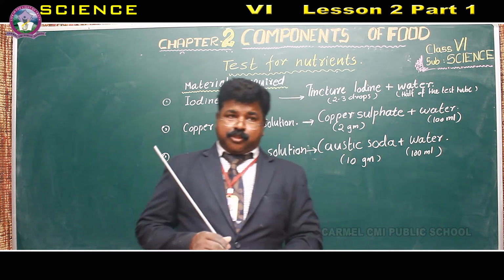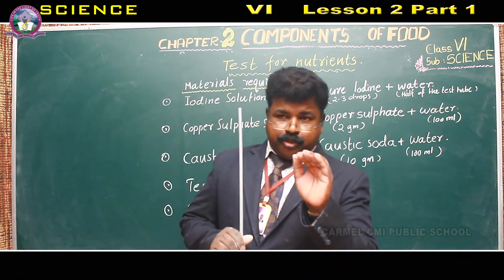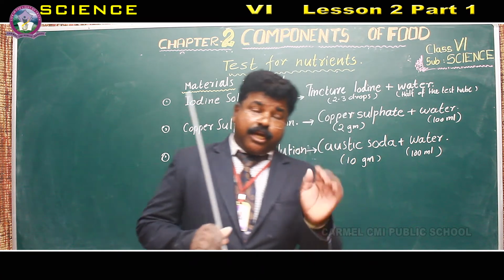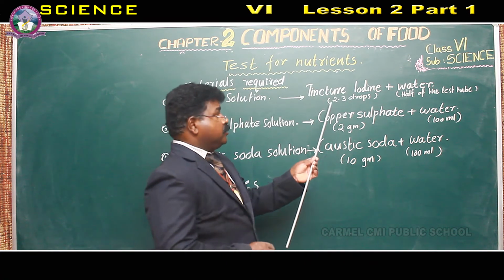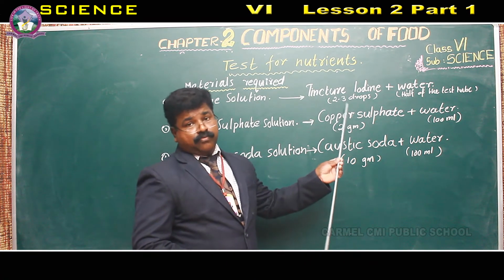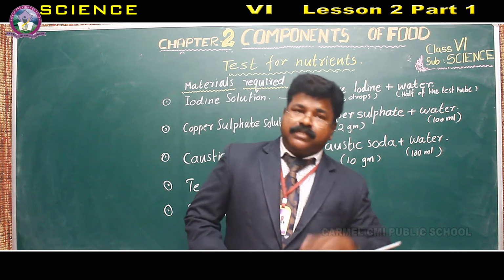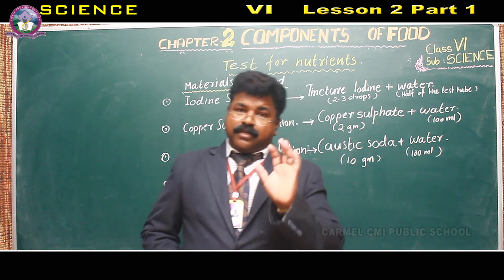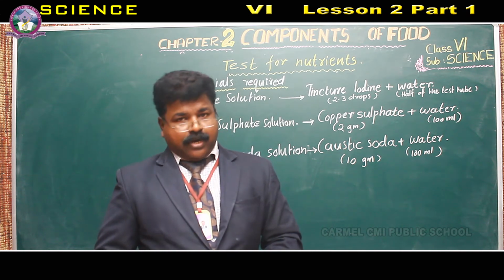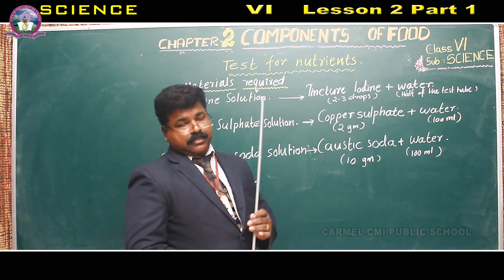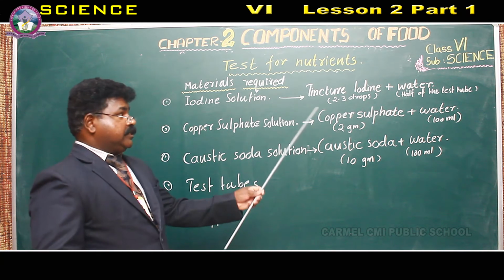You have to take a test tube and fill half of it with water. Into that we pour 2 to 3 drops of tincture iodine. Then shake it thoroughly. If you shake it well, we get the iodine solution. So that is the step for preparing iodine solution.